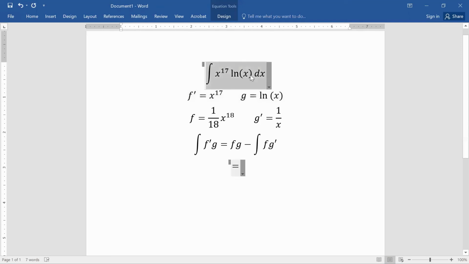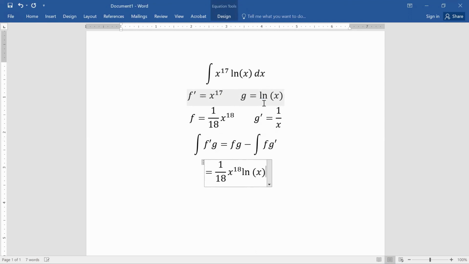This integration, therefore, becomes f times g: 1/18 times x to the 18th power, multiplied times natural log of x, minus the integration of f times g prime. f again is 1/18 x to the 18th, multiplied times g prime, which is 1 over x.